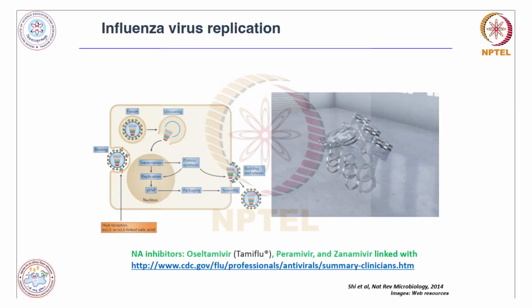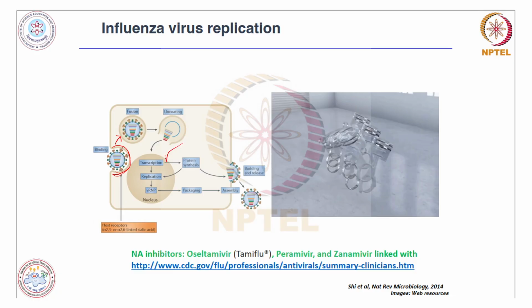And this is the same thing that we have just discussed in the back slides, how this is getting inside. This is a clathrin-coated pit. It is getting inside. Then it got budded off inside after endocytosis. Then your M2 ion channels came into play and the uncoating happened here.